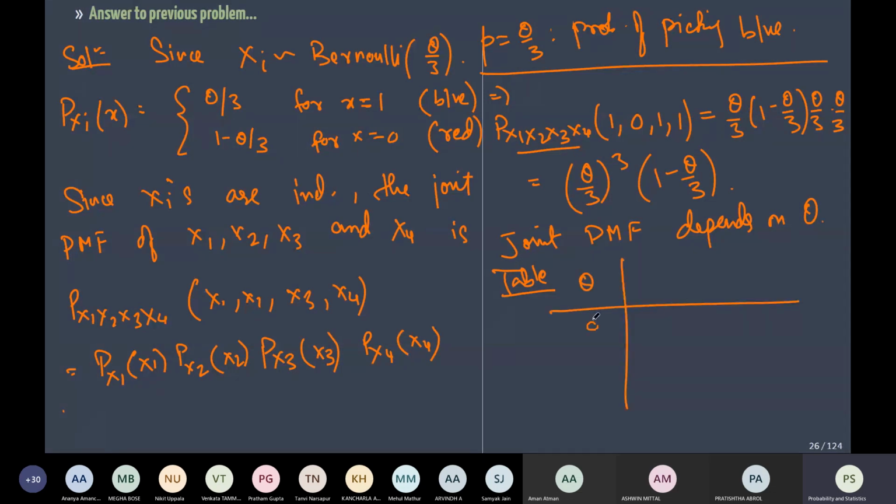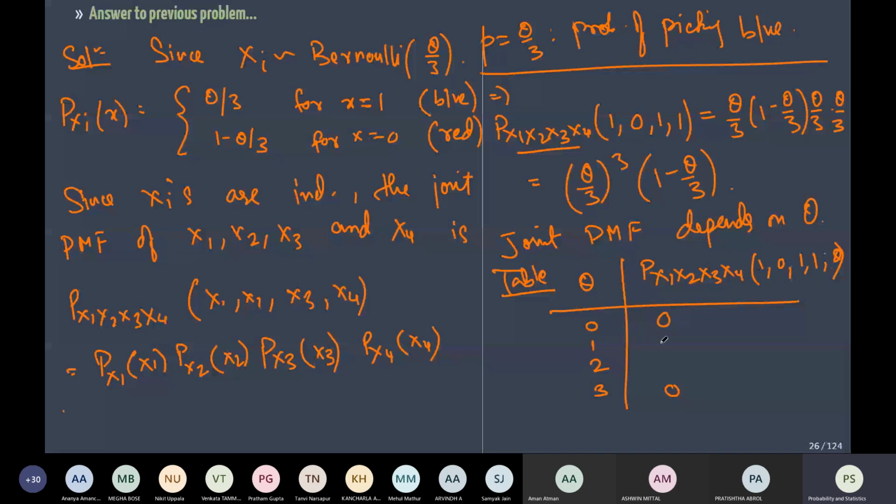So theta, if it is 0, 1, 2, or 3, then the PMF values x1, x2, x3, x4 are 1, 0, 1, 1, and then theta, because there is also a theta here. For the 0 case, we know it's going to be 0. That we have picked on our own, but we can also do it from the formula itself.